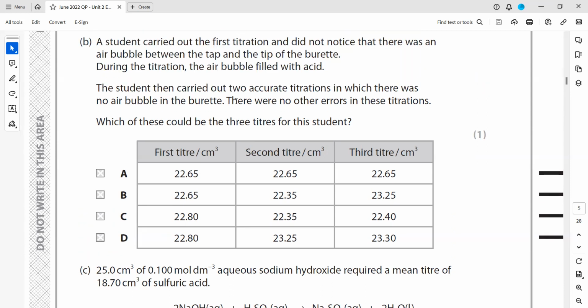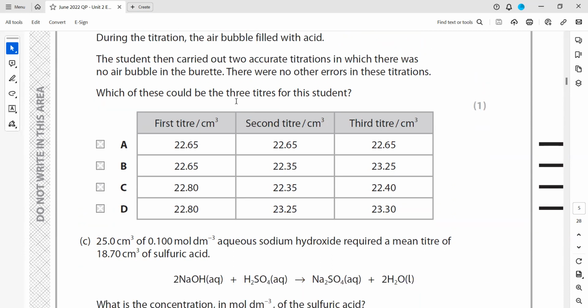The first one had an air bubble and the next two did not. So when there was an air bubble, what should happen? The volume should be larger, because the air bubble is taking space and then we are reacting.